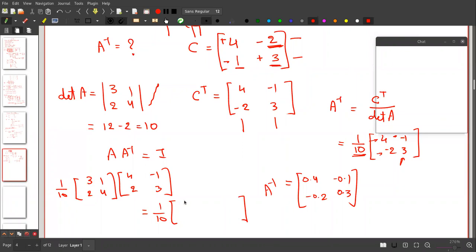How do we calculate the first term? We take the row of the first one, the column of the first one. So 3 multiplied by 4, 1 multiplied by 2.